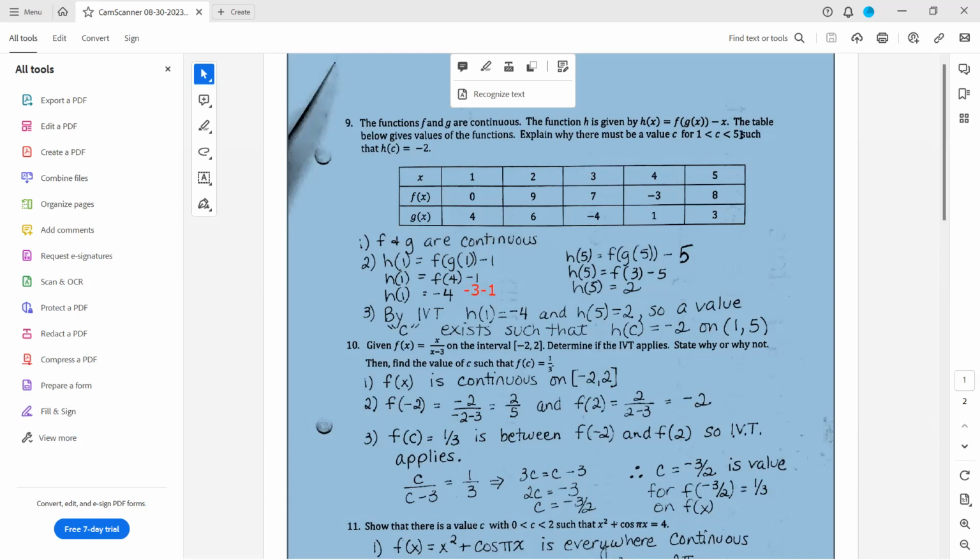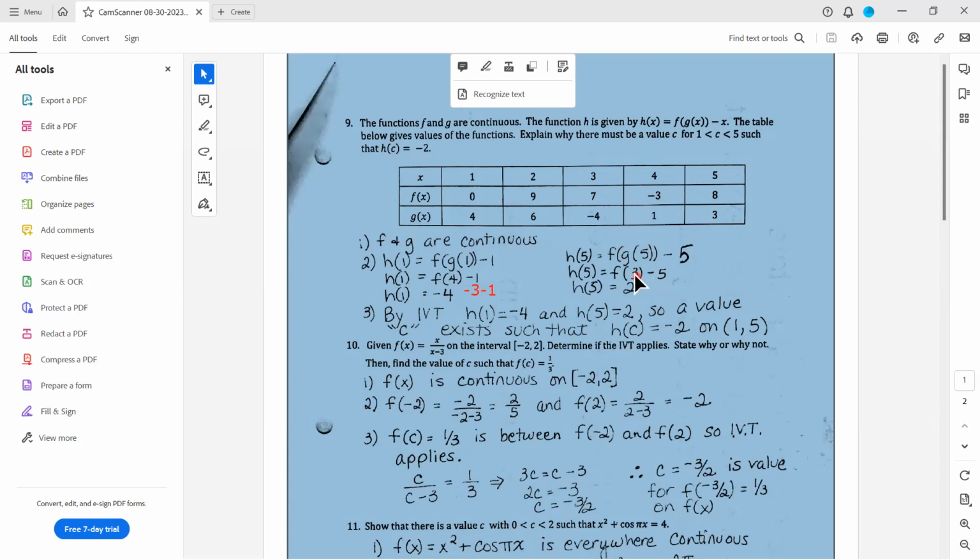Remember, you have to check both endpoints. So we have h of 5, f of g of 5 minus 5. So g of 5, so here's g of 5 is 3. This result here is 3.